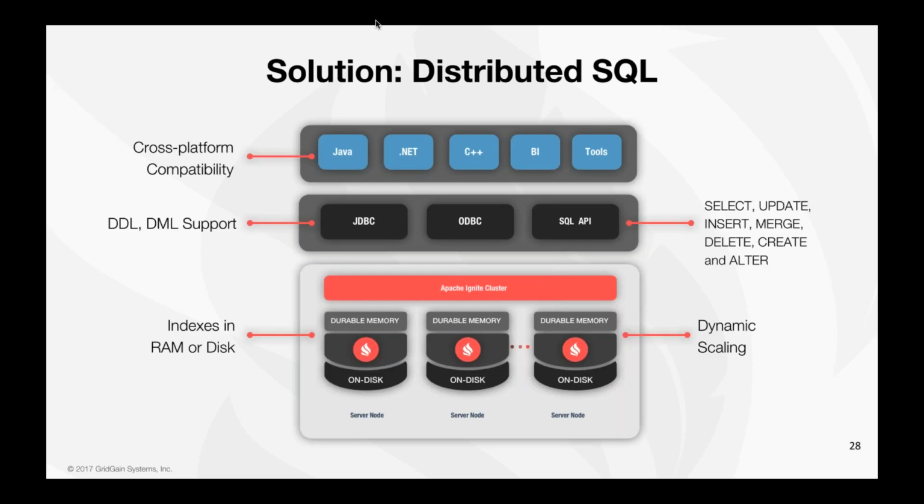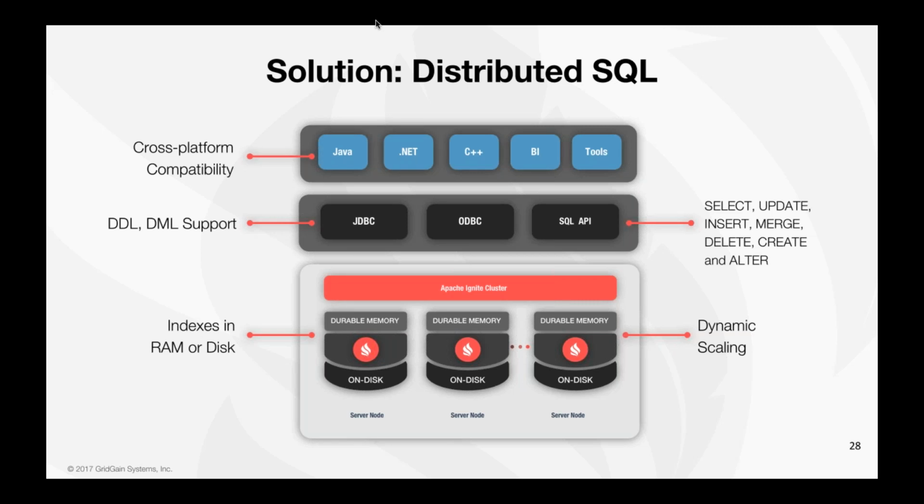So SQL is fairly important to this customer, and again, Ignite offers very robust SQL capabilities. This year in particular, the data definition language and data manipulation language have been enhanced and improved considerably, although Ignite has supported some level of SQL for a while now.